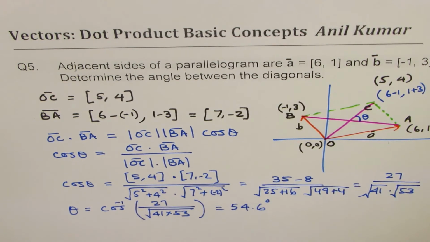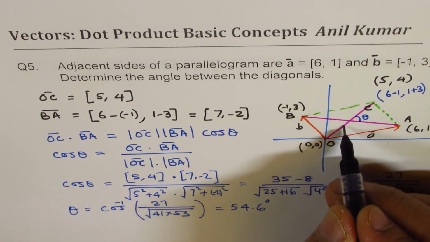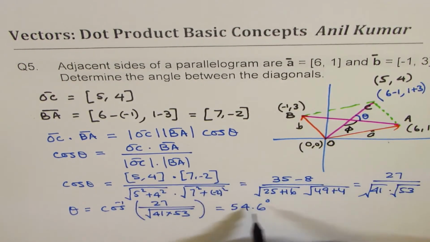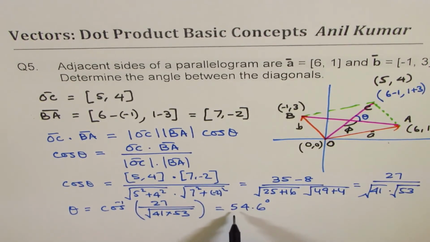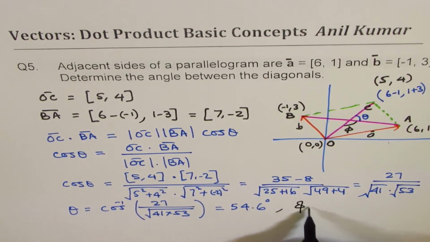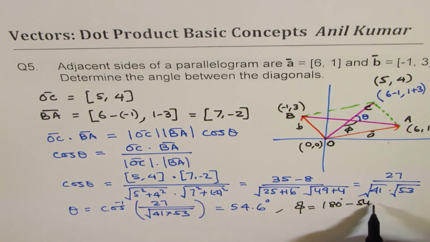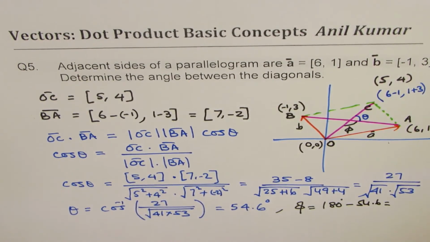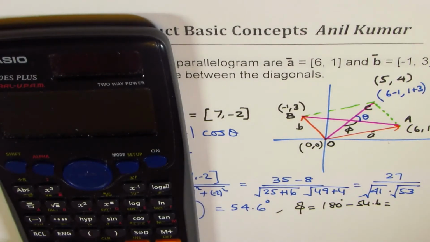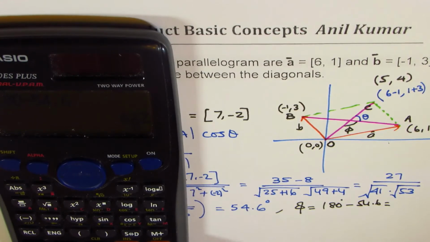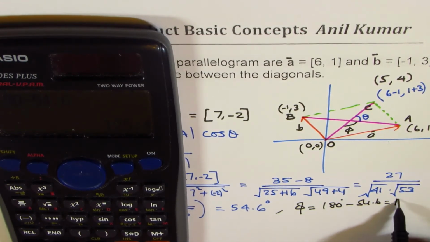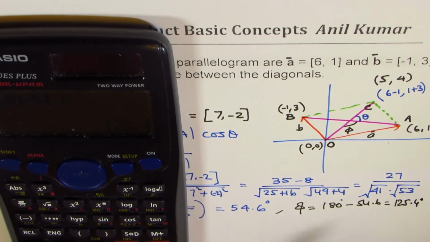Now, as you can see, there will always be a supplementary angle phi. So the acute angle is 54.6 and phi, the other angle, will be 180 degrees minus 54.6, which in decimals equals 125.4 degrees, right?